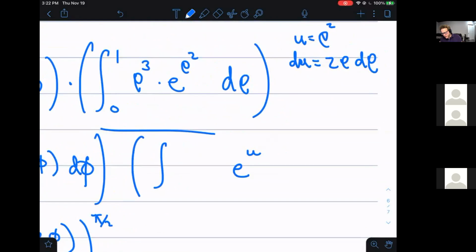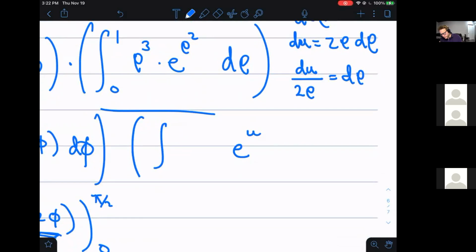And let's see, if we go ahead and let's make this du divided by 2 rho d rho, equals d rho. So instead of d rho, I can put du divided by 2 rho, and we have rho cubed.